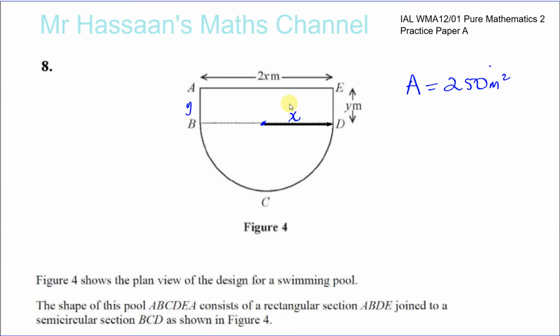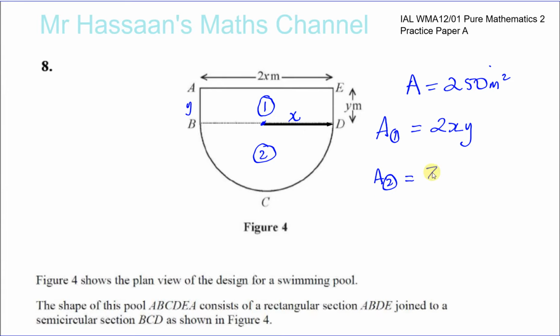So we've got to think about the area of this whole shape. Now this is a composite shape, which is like a rectangle, I'm going to call that 1, and a semicircle, I'll call that 2. So the area of shape 1 is basically just length times width, which is 2 times x times y. And the area of shape 2 is a semicircle. So the area of a circle is pi r squared.